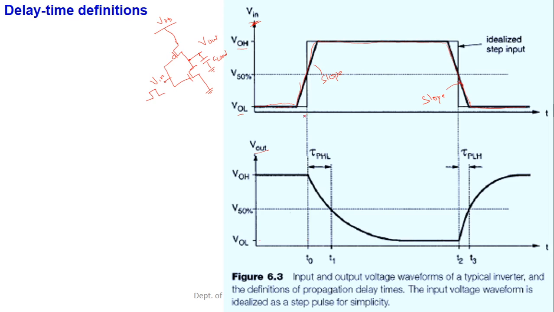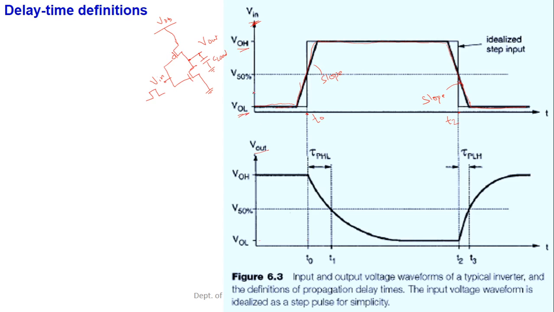So let's say this is the t naught time, and this one is t2. So we have this VOL level and VOH level.